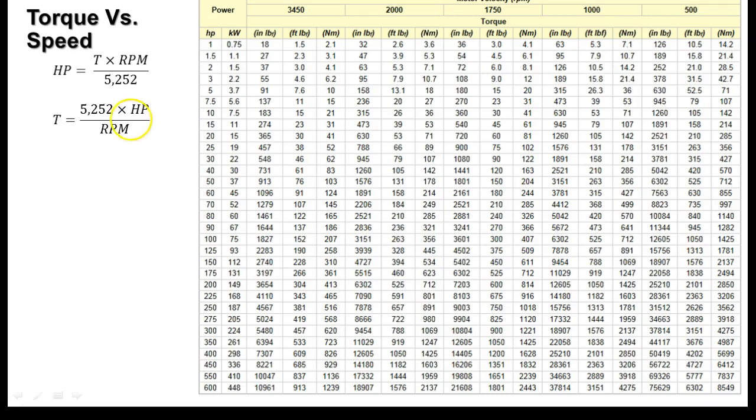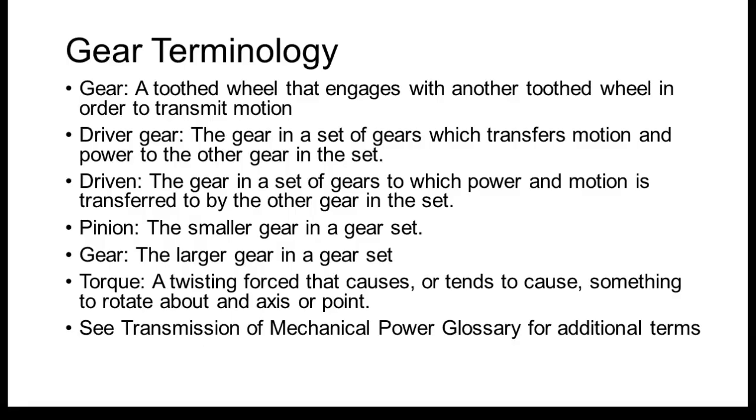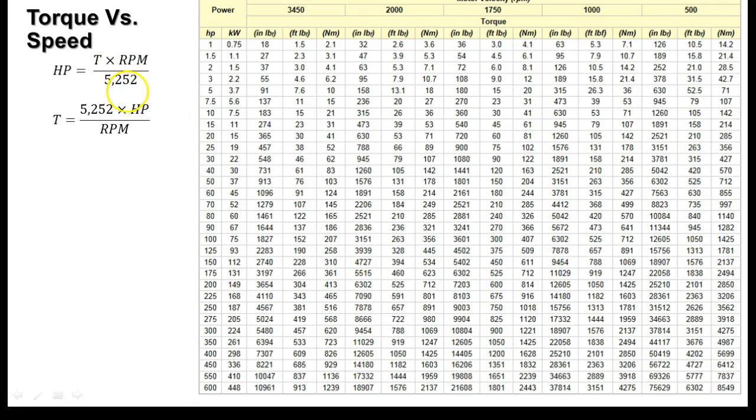So if we rearrange our formula and we solve for speed, then RPM, let's just leave the 5252 out right now. Let's just look at torque and horsepower.